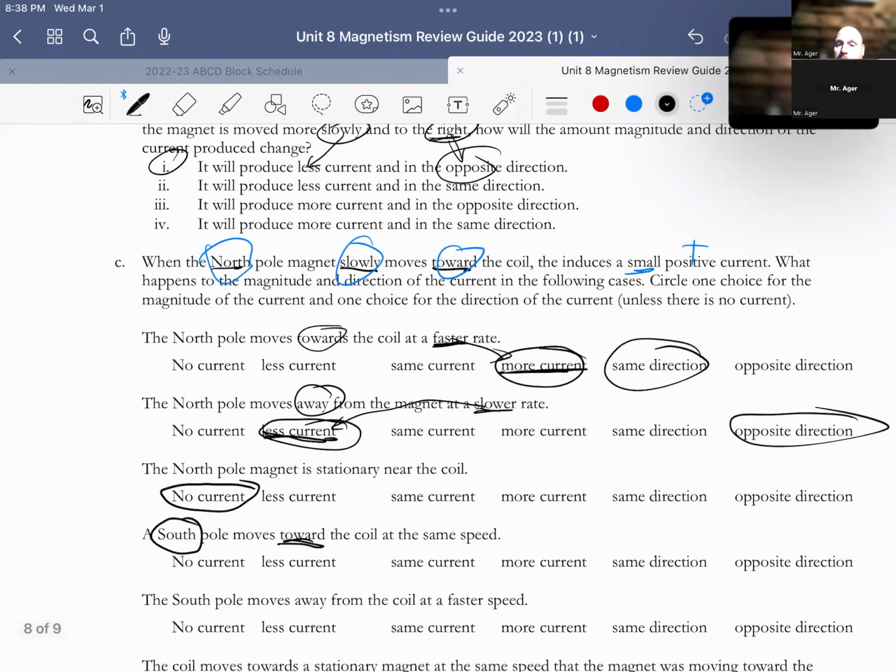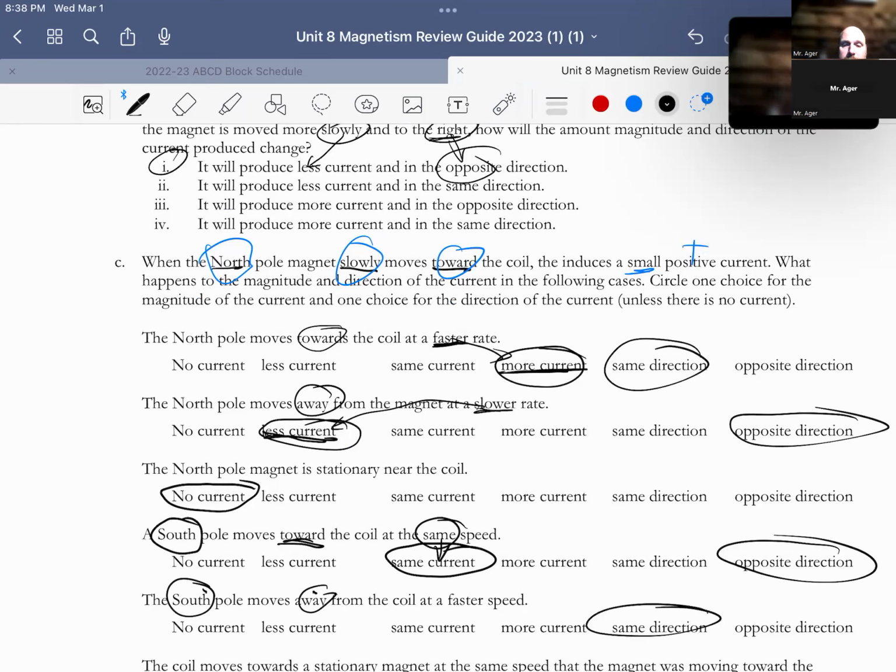Well, that south pole is going to make the opposite direction, and toward the coil at the same speed will make the same current. It doesn't matter if it's north or south, it'll be the same current there. South pole again moves away. So south is opposite, away. That double negative will produce the same direction, and it's faster, so it will be more current there. So, a lot going on there.